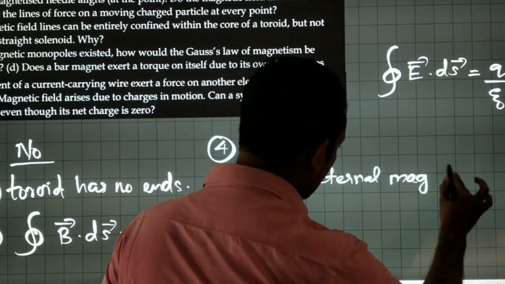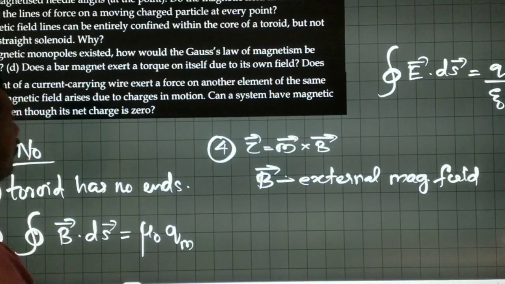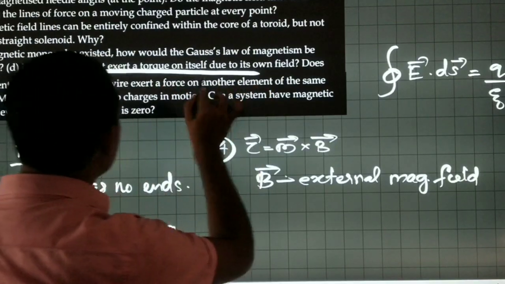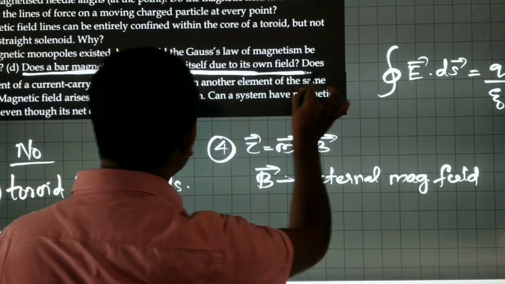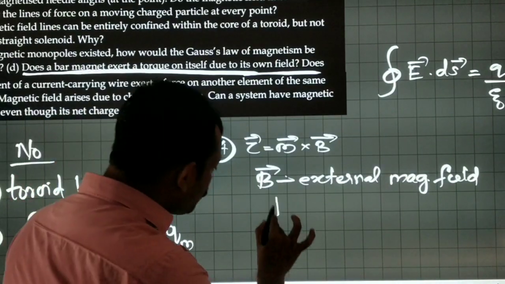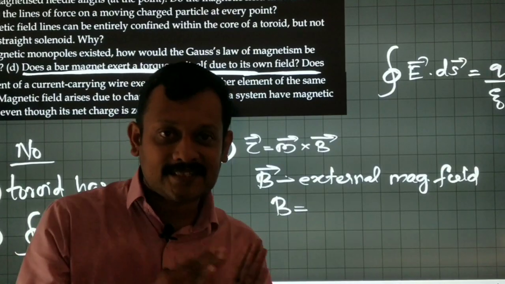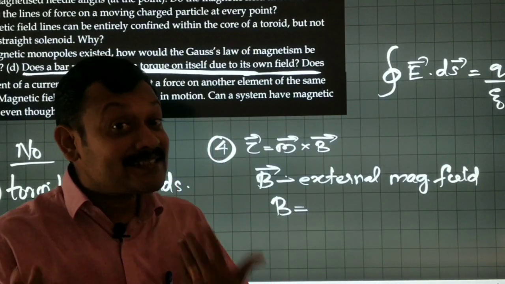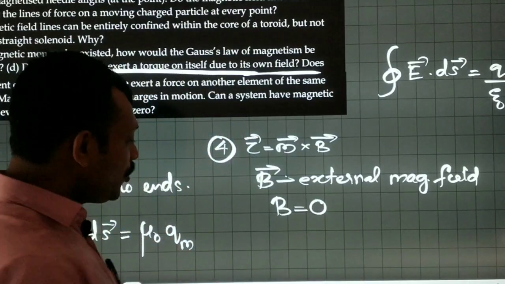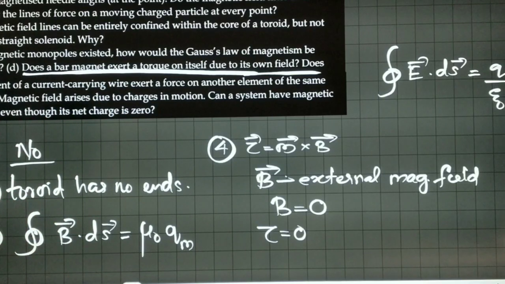So what is the value of the external field here? It is 0, which means torque is equal to 0.